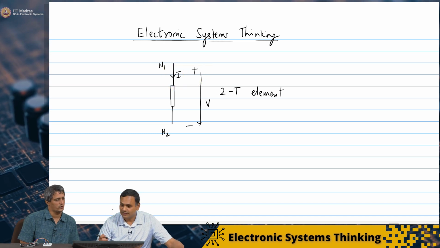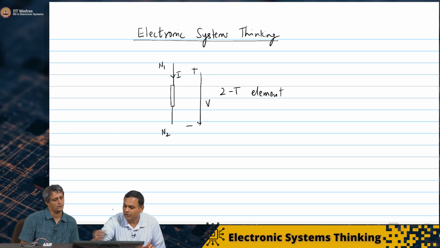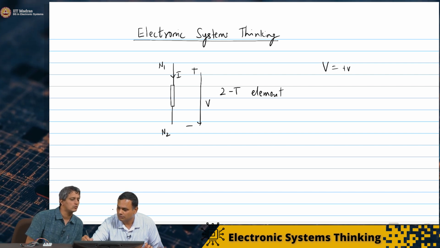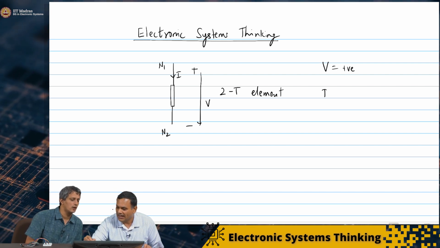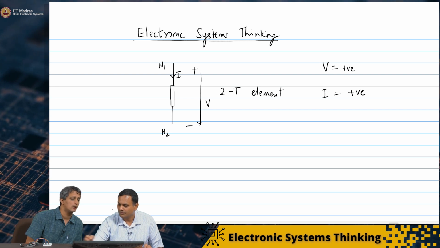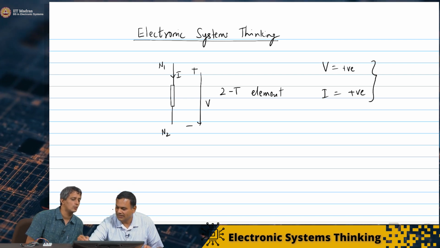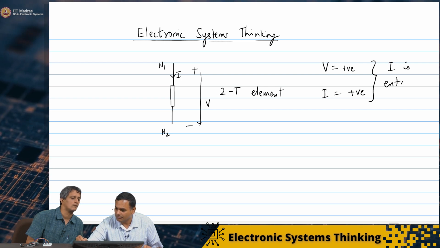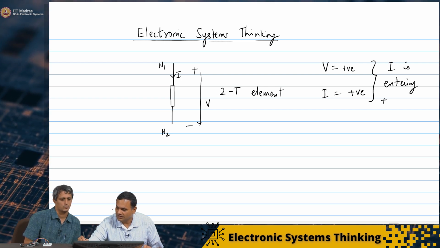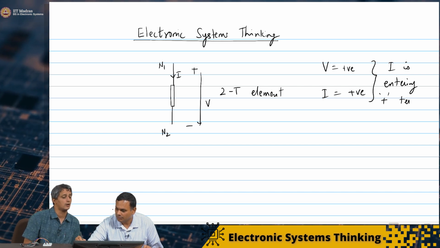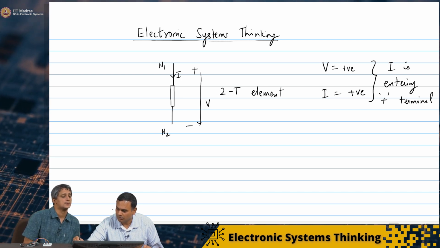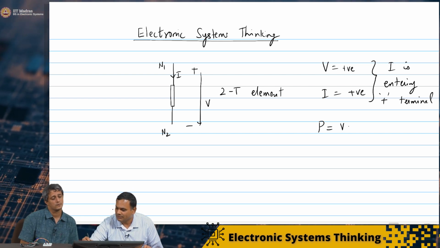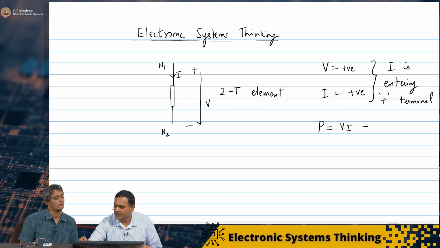So V is positive, I is positive, and I is entering the positive terminal. Then the power P is V times I, which is also positive.